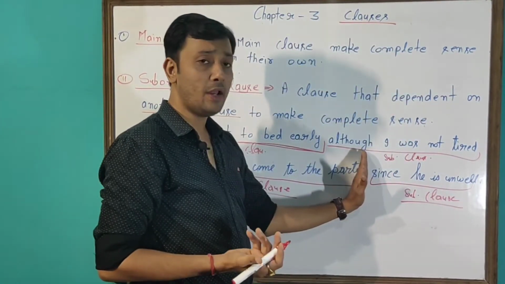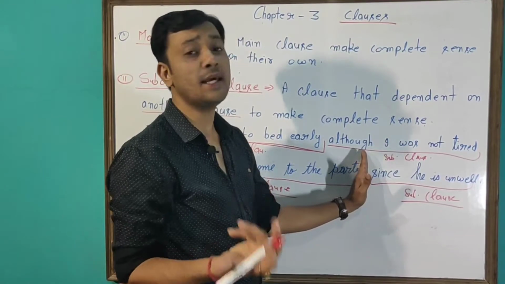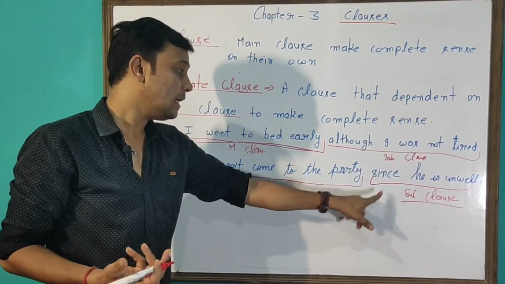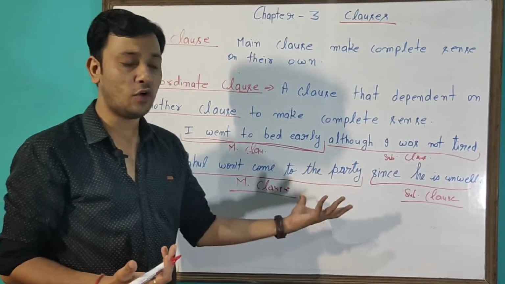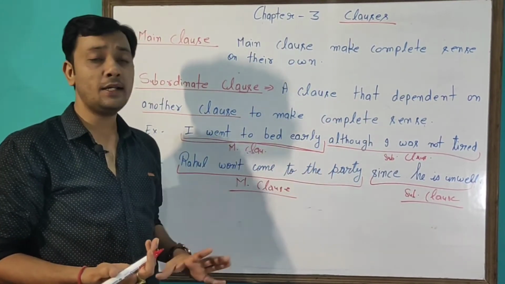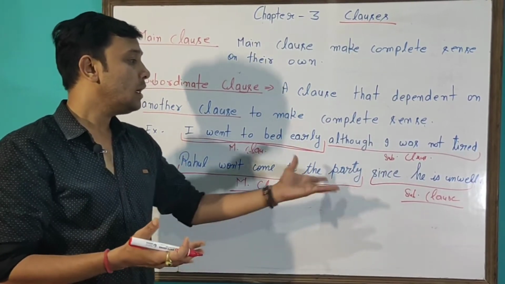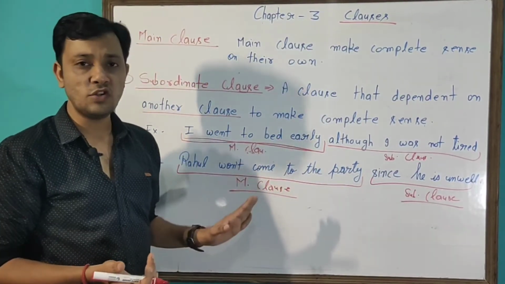Since he is unwell, क्योंकि वो अच्छा महसूस नहीं कर रहा था, तो उसने क्या किया? We don't know. If we add the main clause, it becomes meaningful. Rahul won't come to the party. He doesn't want to go to the party because he is feeling unwell. Now the sentence gives meaningful sense.